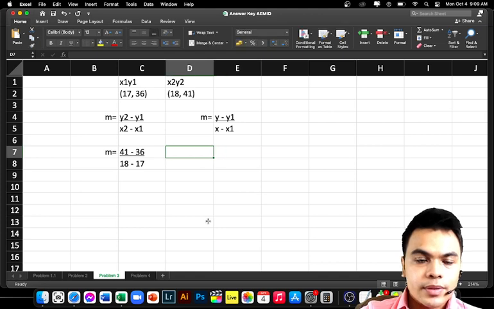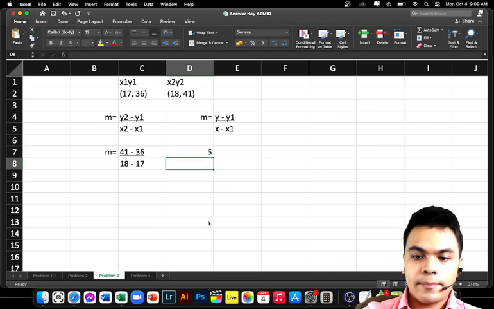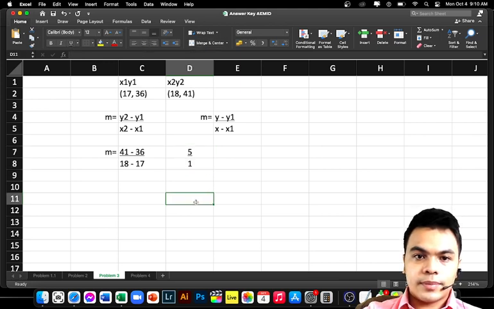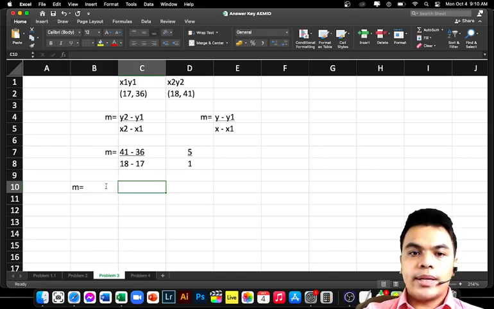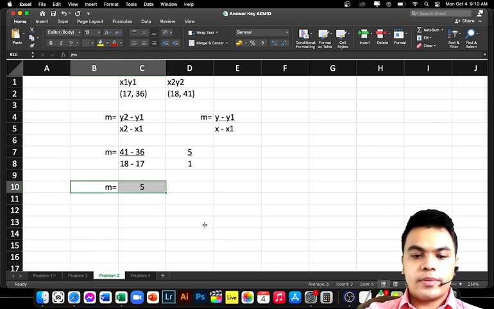So 41 minus 36, that is 5. 18 minus 17, of course that is 1. So our slope here is 5 divided by 1, which is of course 5. So we now have the value for the slope. m is equal to 5.